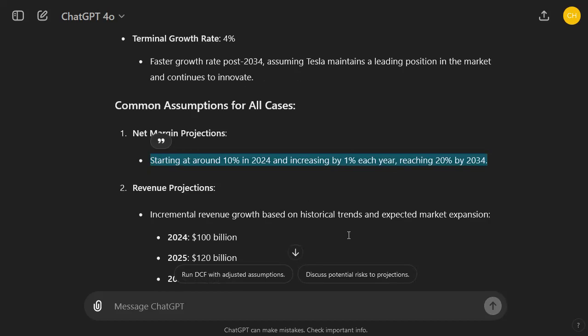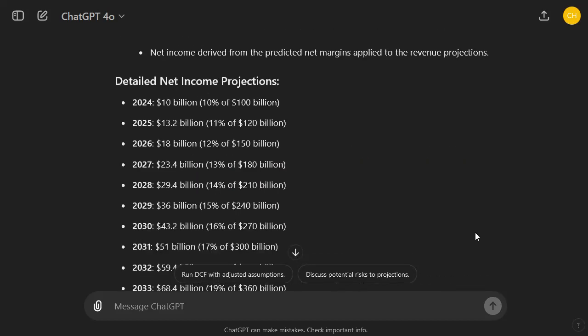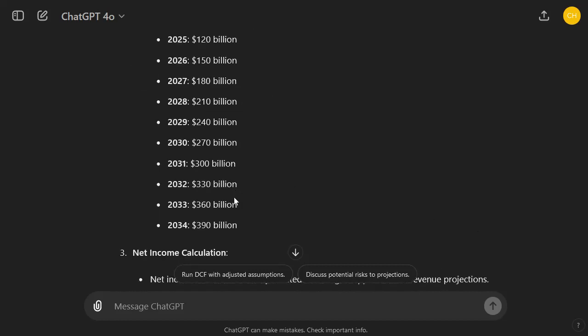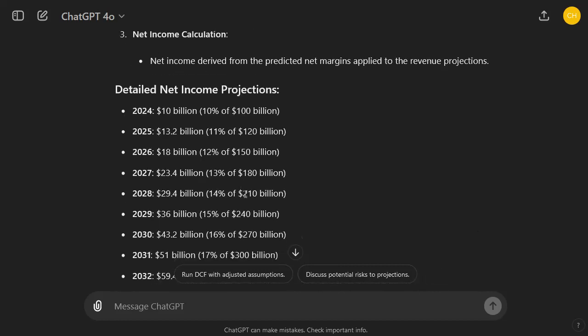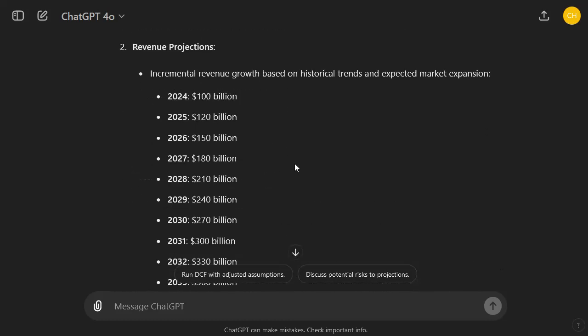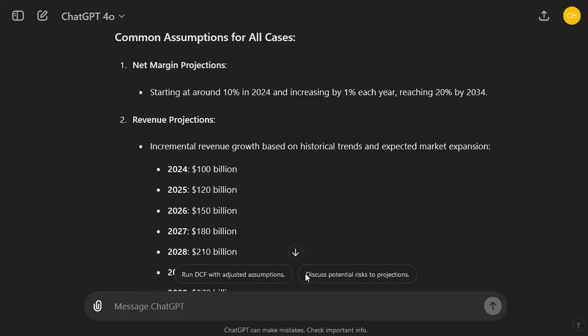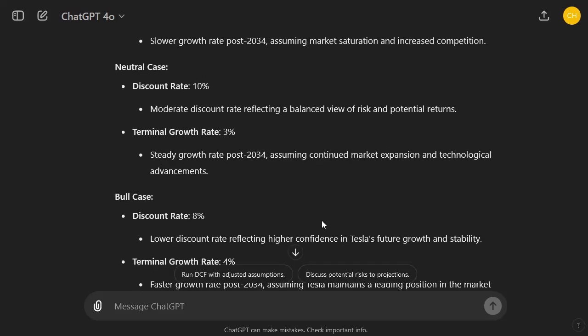So I think it's a very, very conservative model. We have growth of revenue and growth of the net income margin, so what percentage of the revenue it keeps as profit, and both grow.